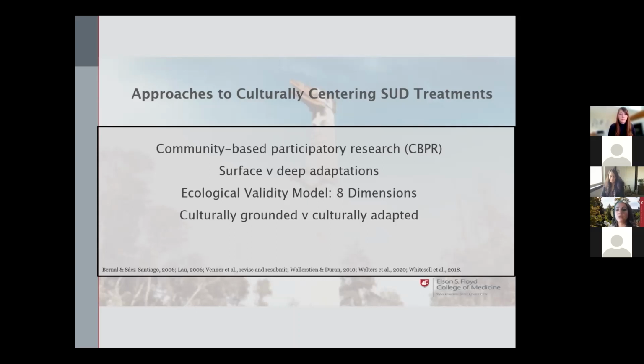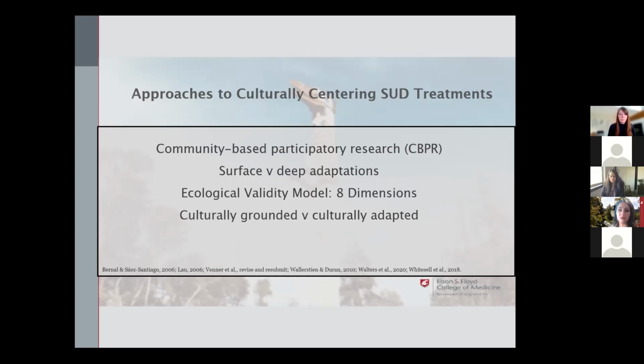So Doctors Karina Walters and Joseph Gahn, for an example, are two researchers that I think of when I'm thinking more of this culturally grounded approach, or building up from the ground up. This approach can be challenging, though, due to cost or funding requirements where the funder may want an EBT. So cultural adaptations might be an alternative to this.